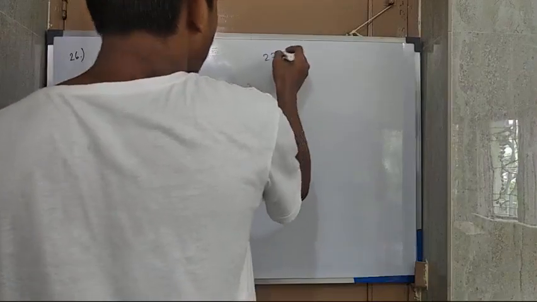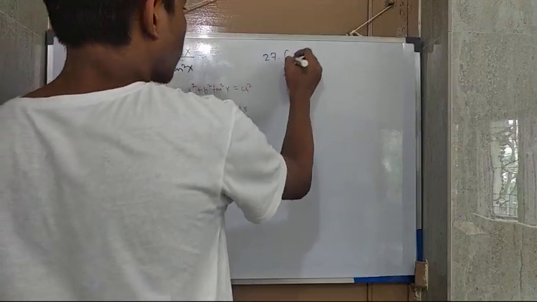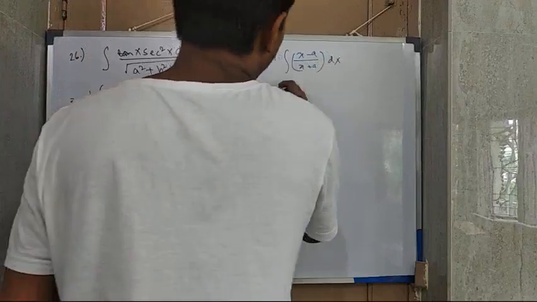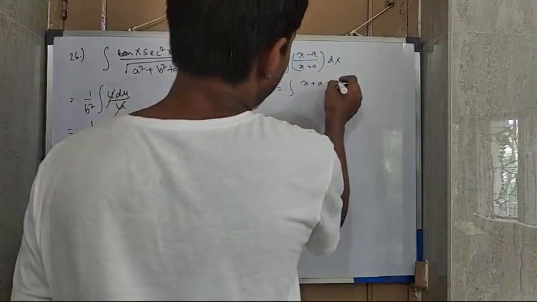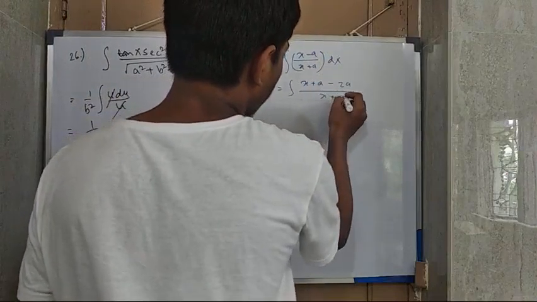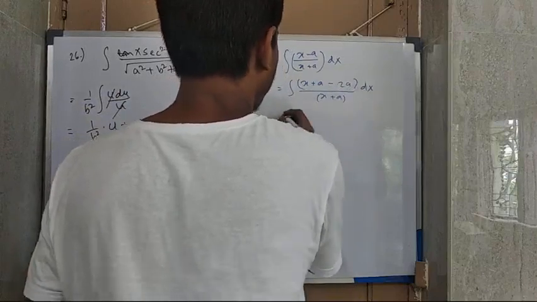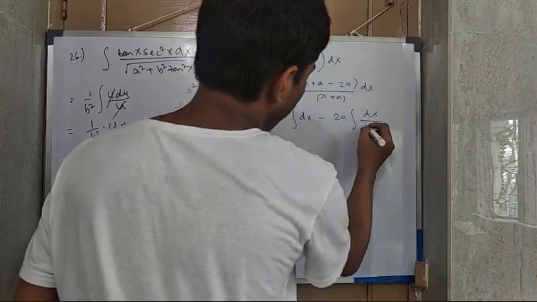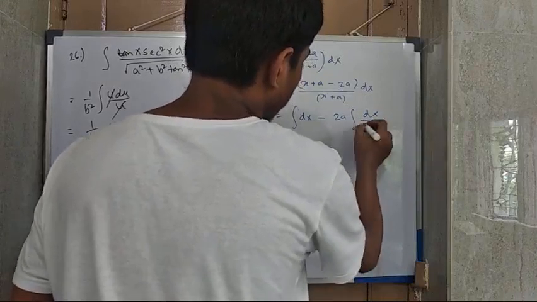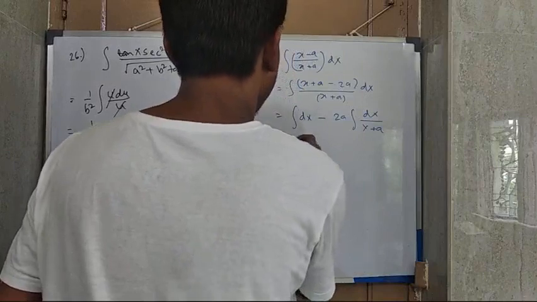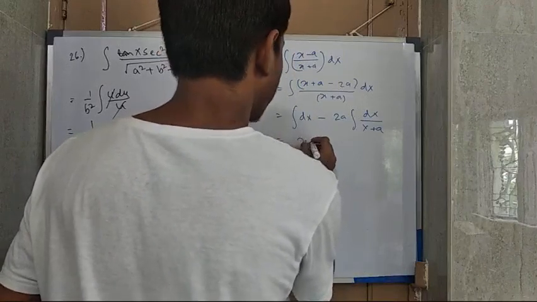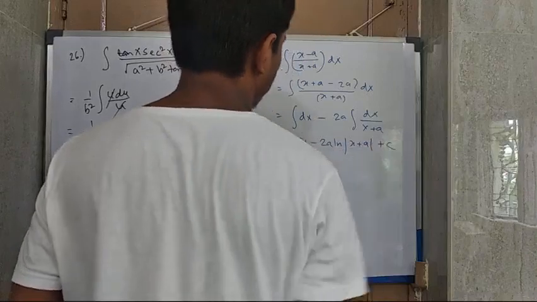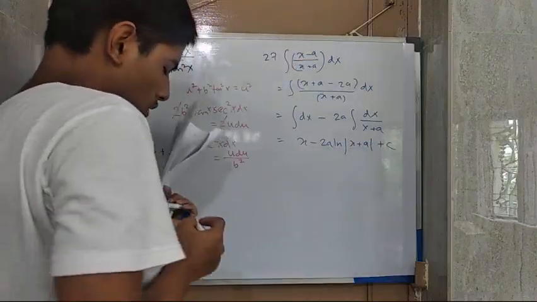The 27th integration is integral x minus a by x plus a dx, and this can be written as x plus a minus 2a by x plus a dx, and this is actually integral dx minus 2a integral dx by x plus a. This is x minus 2a ln of x plus a plus c. So this is the answer for the 27th integral.